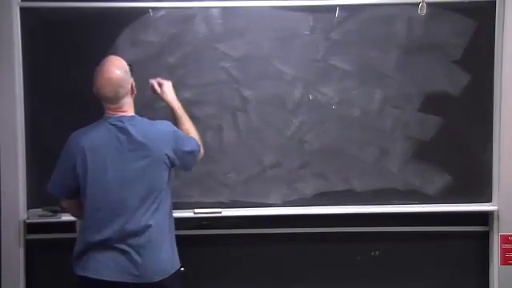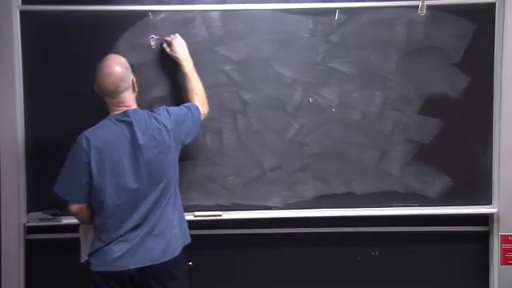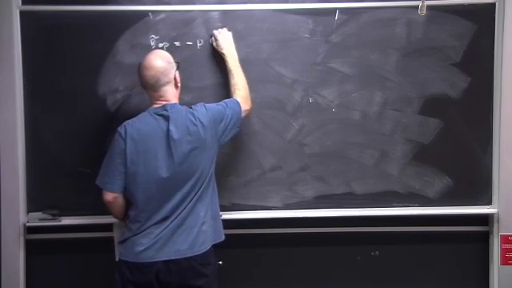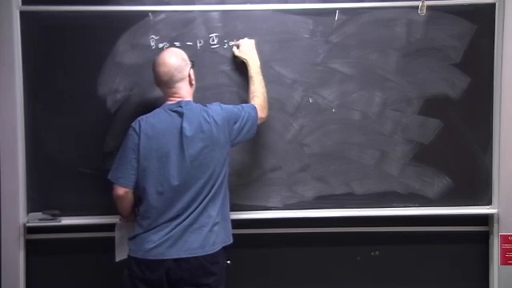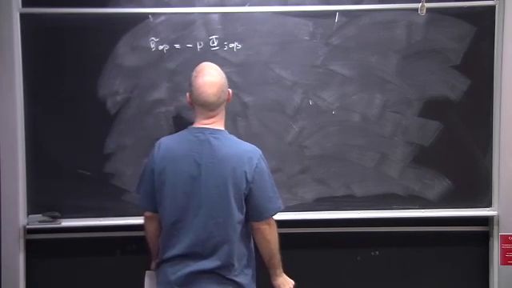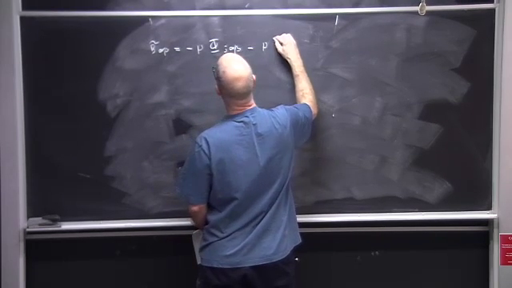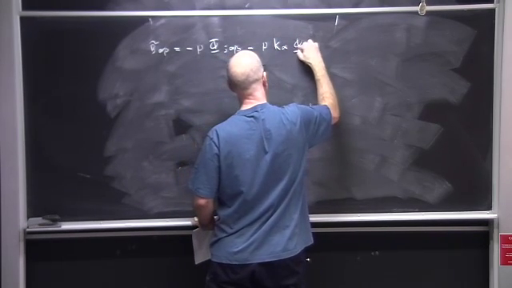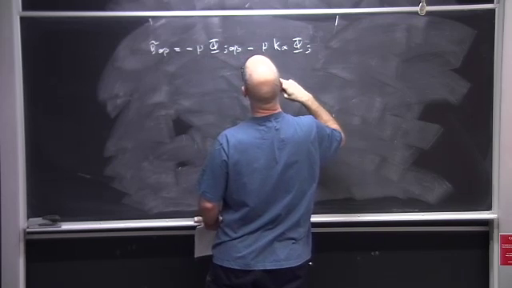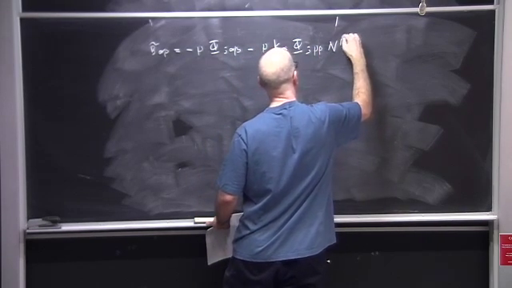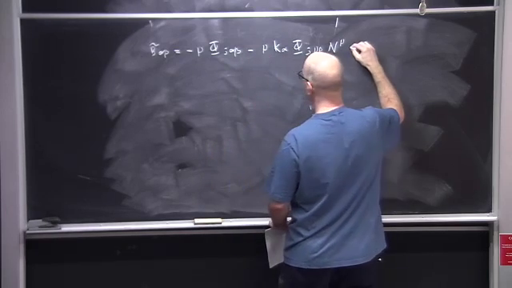Then we get minus mu k alpha. And we get phi differentiated with respect to mu, and we multiply by n mu. Then we get minus mu k beta. We get phi differentiated with respect to alpha and mu in the direction of mu. And finally, we get k alpha k beta.